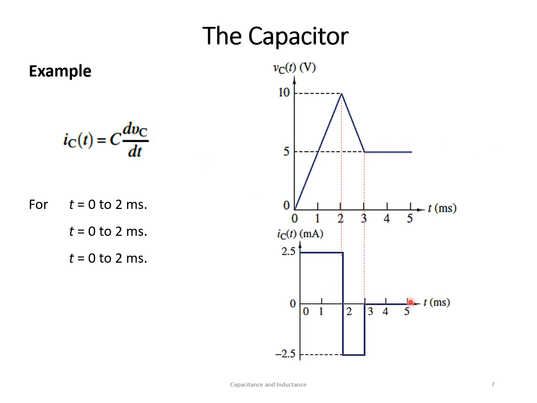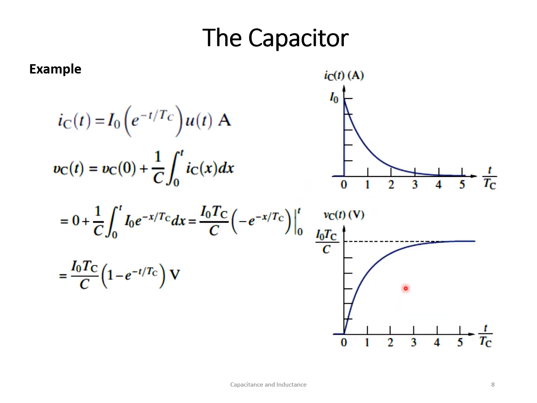Therefore, the current flowing through the capacitance is 0. And we have seen in the previous slide that the current is flowing as long as the voltage is changing. Voltage is changing and this change is positive, so the current is positive. Positive means, see the second slide, using passive sign convention. When the rate of change is negative, the current is negative. There is no change, there is no current.